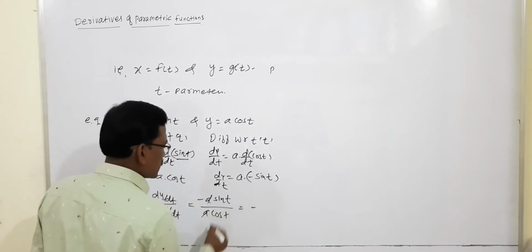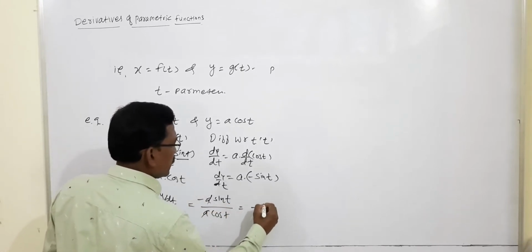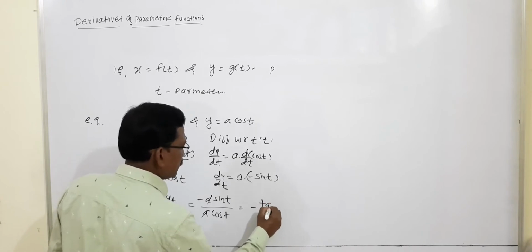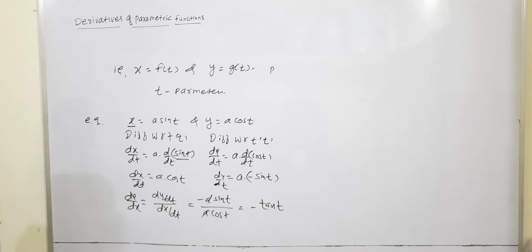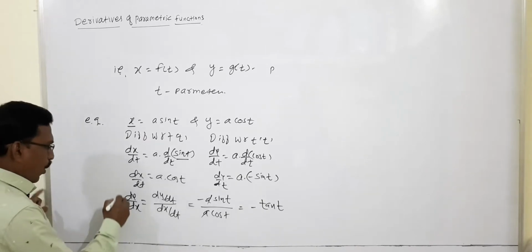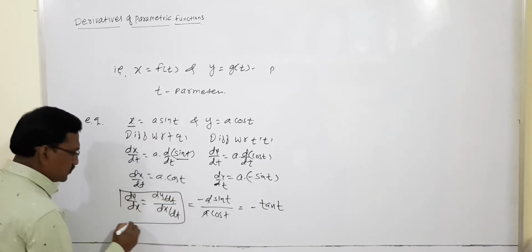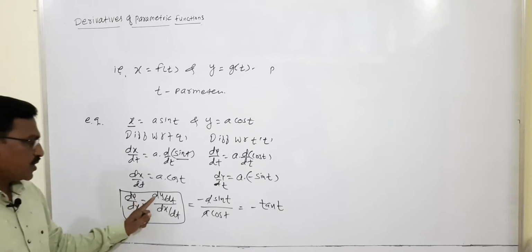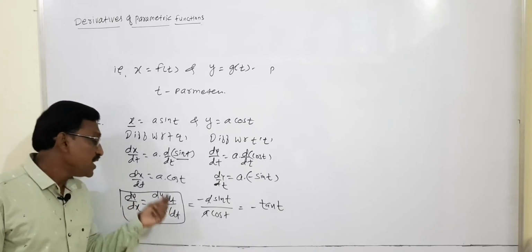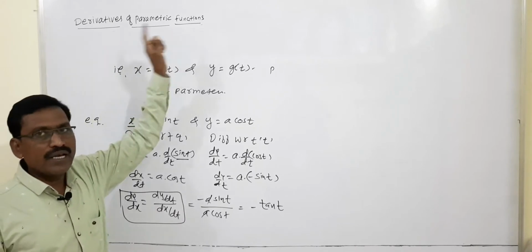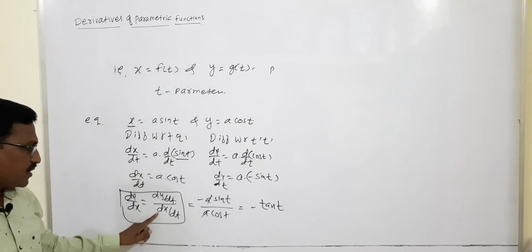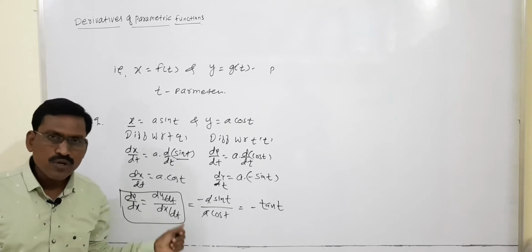It is minus sin t by cos t, it is tan t. So this form, dy by dx equal to dy by dt upon dx by dt, is called the derivative of a parametric function, where dx by dt is not equal to 0.